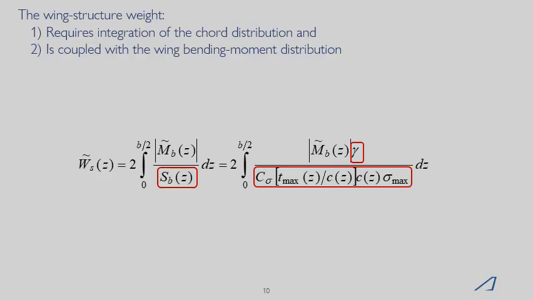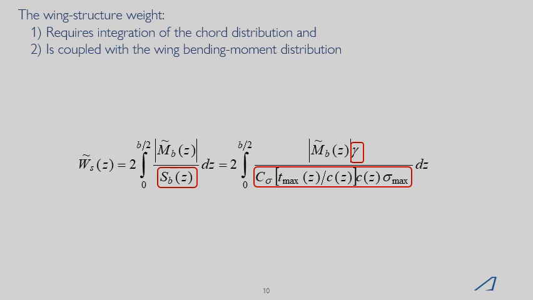And so for the stress limited design of a wing, we can express the wing structure weight using this equation. Now, the middle term here is very similar to what we saw for Prandtl's assumptions, that the wing structure weight is related to the bending moments by a proportionality coefficient. But here, whereas Prandtl assumed that the proportionality coefficient was invariant across the span, we recognize that it may vary across the span.